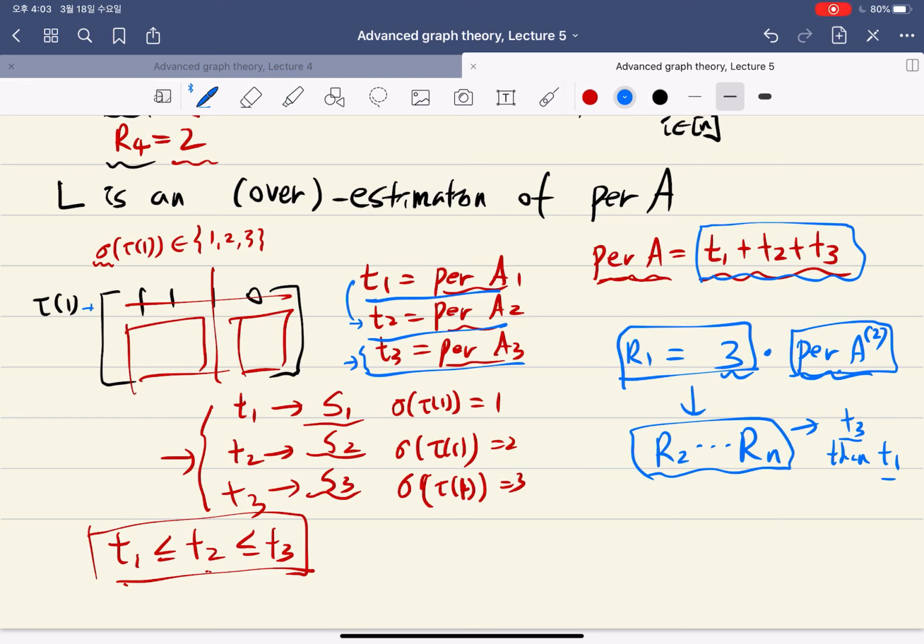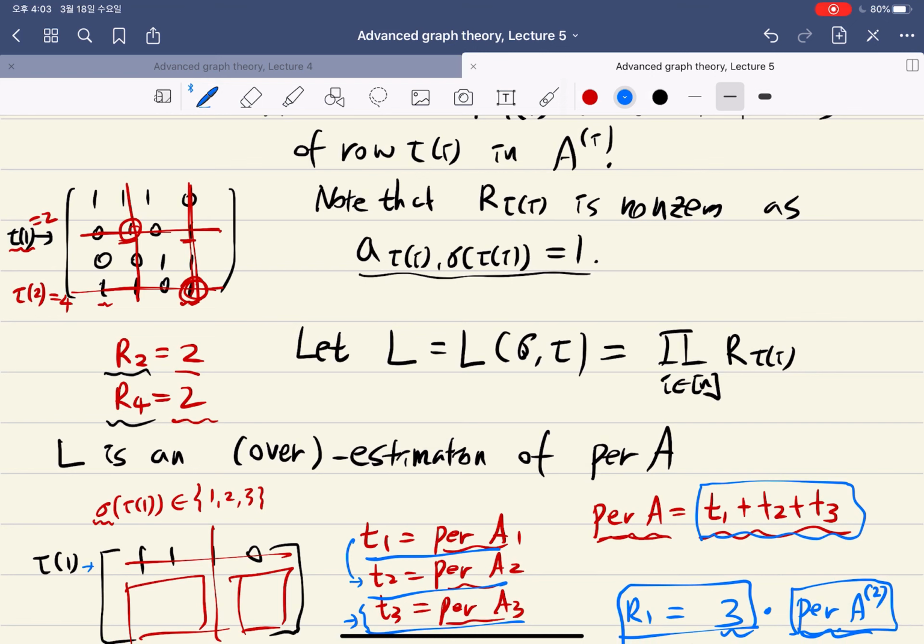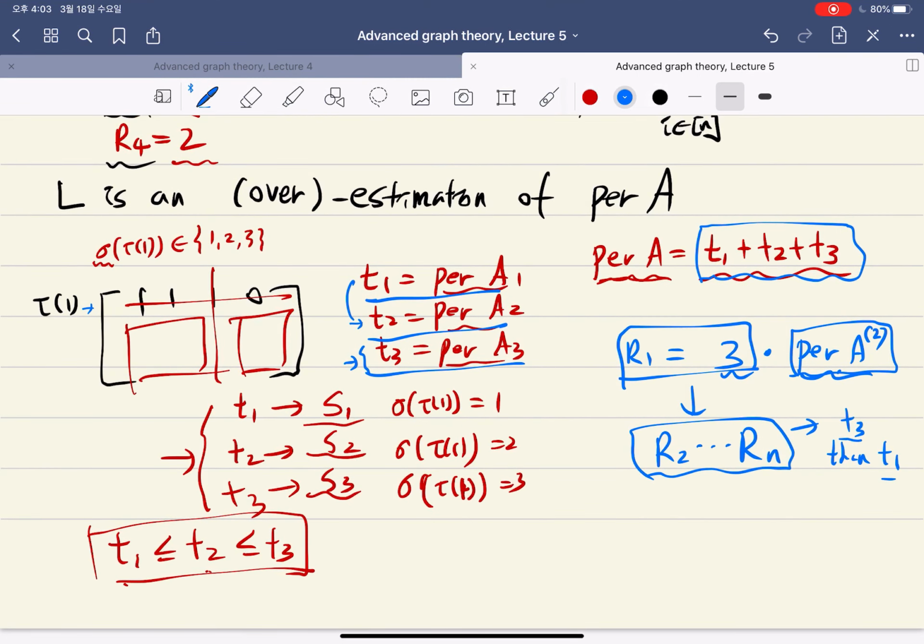You choose one row and you choose one column and delete. You keep doing that. While you're doing that, before deleting the row, you count the number of ones in there, and then you record it. And then after all, you multiply all the recordings. Then it must provide you some overestimation of the permanent.